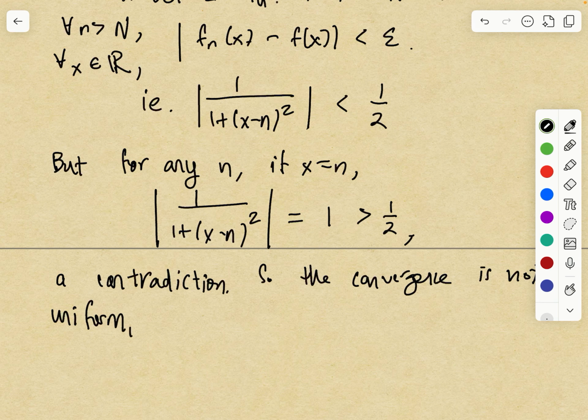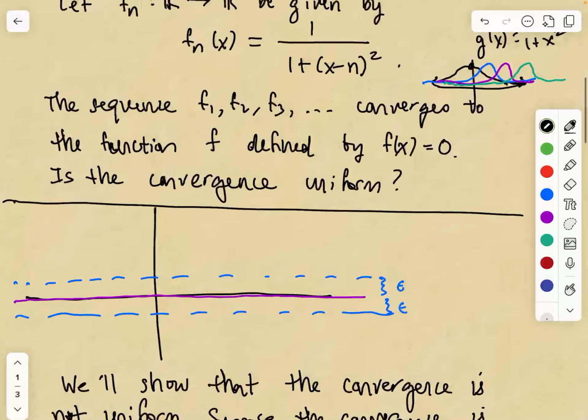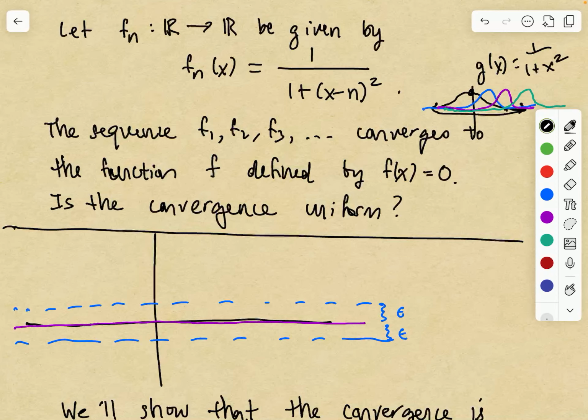So that's a typical way of proving that a sequence doesn't converge uniformly. First of all, you get an idea of what the f sub n's look like. That's really important, because otherwise you're not going to be able to tell. You kind of have to know what the graph of these functions look like in order to do this problem.